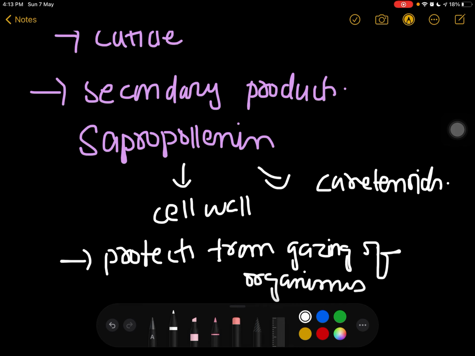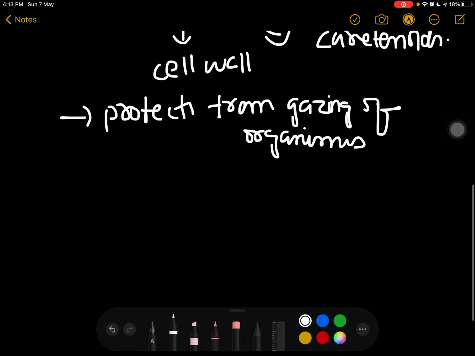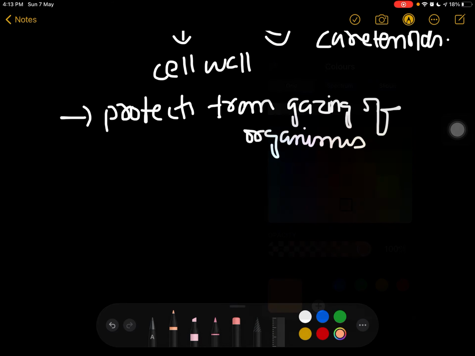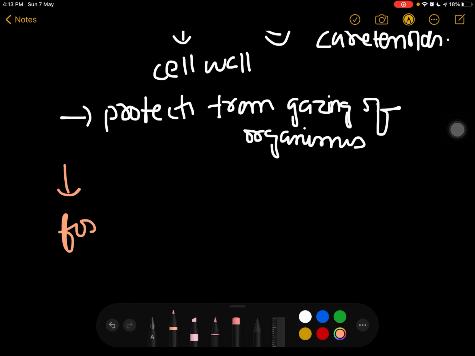Basically, this sporopollenin forms a tough layer over the cell wall, right?